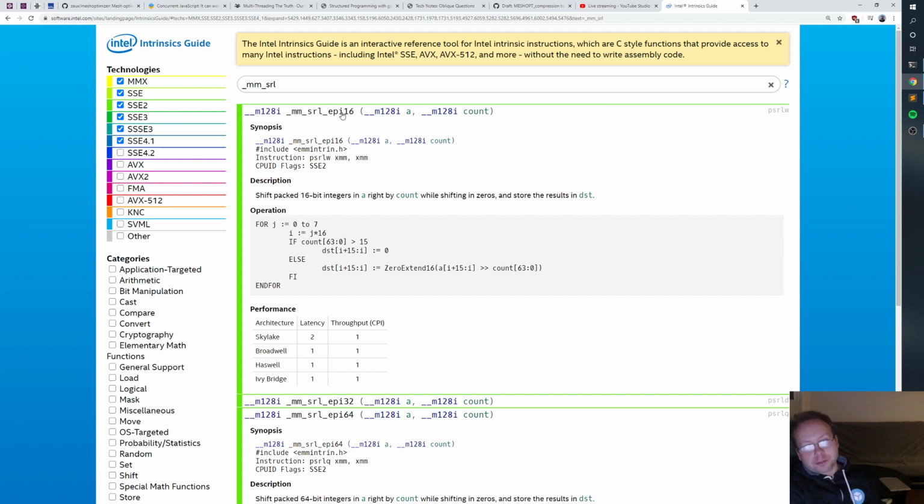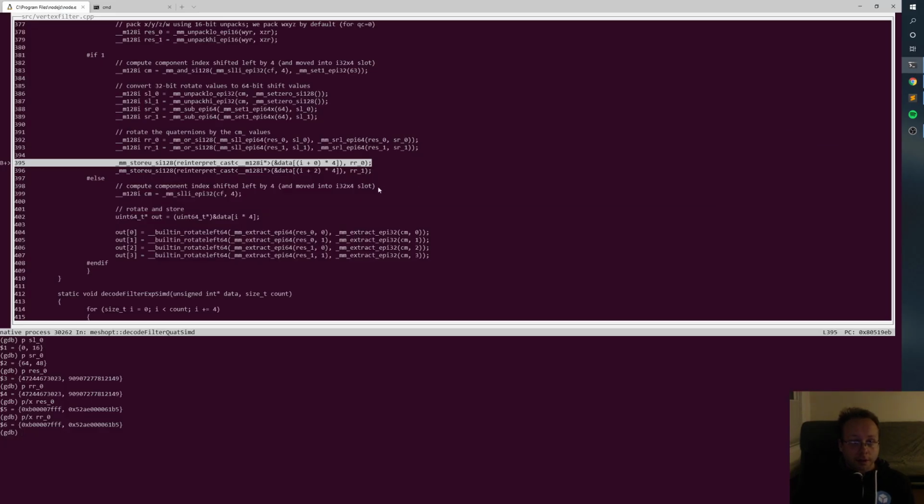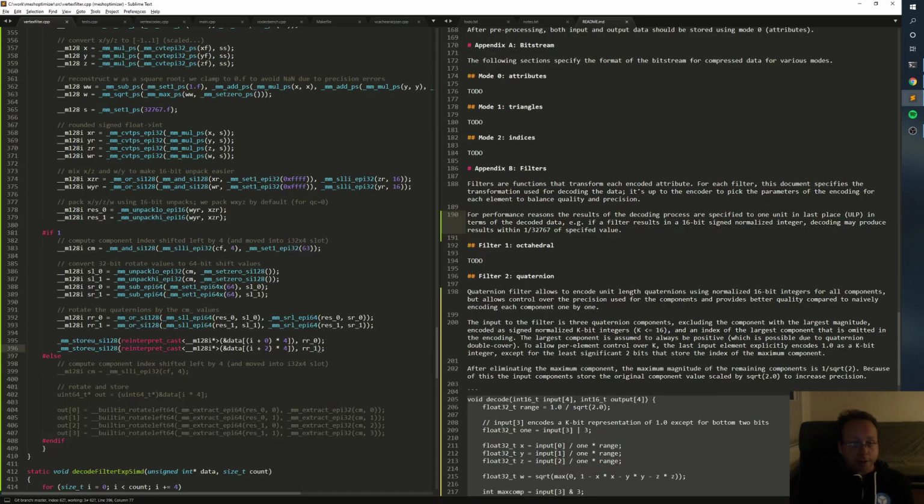Okay. At this point, I suspect that there's just no better way to do this. Whatever code we used to use with scalar 64-bit shifts is just the best way to do this.